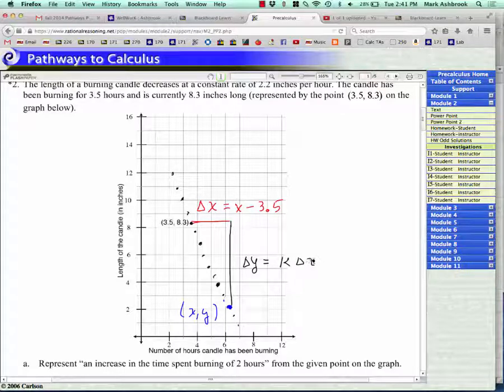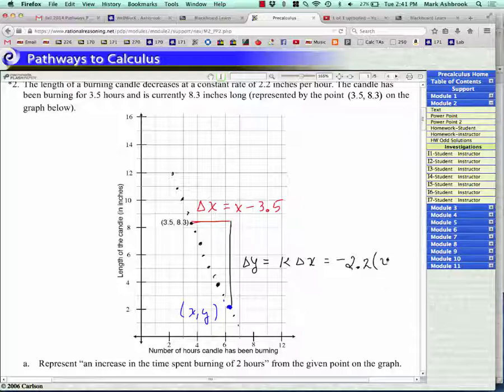Right. K delta x. So do it. So K is negative 2.2 times whatever your delta x is. And what did we find delta x was? Or how do we write it? We just wrote what delta x was. What is it?